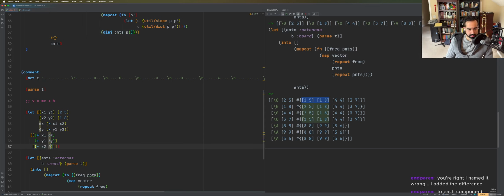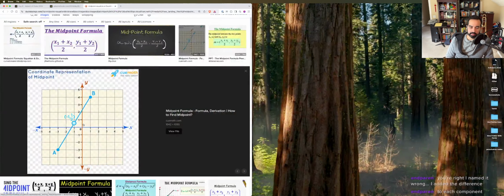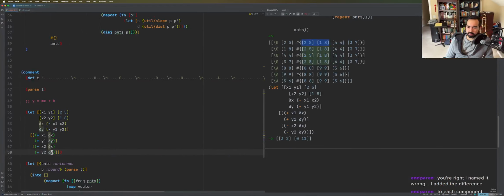I might have gotten these wrong. Might have to switch them around. y2 delta y. Right. So is there a 0 at 3, 2?